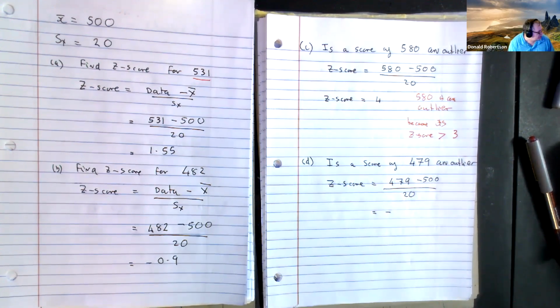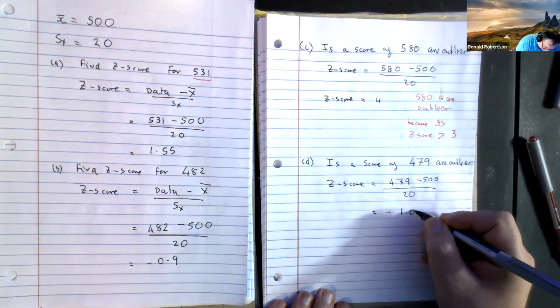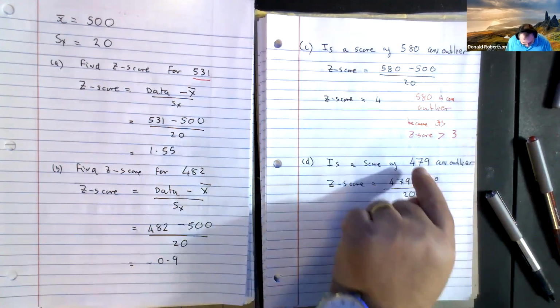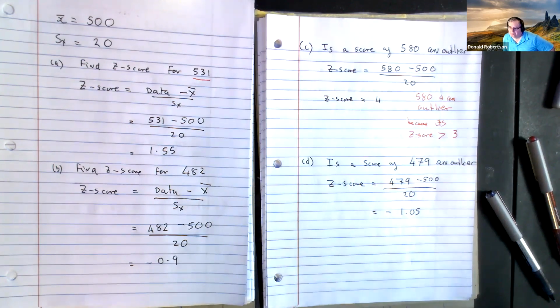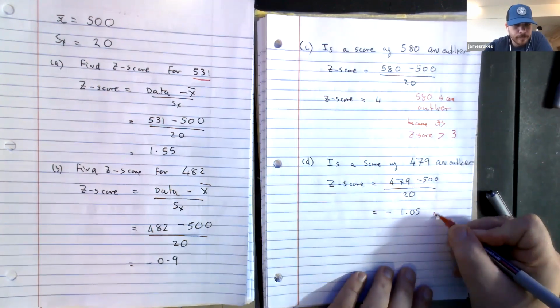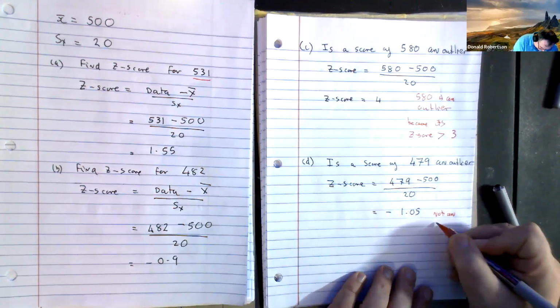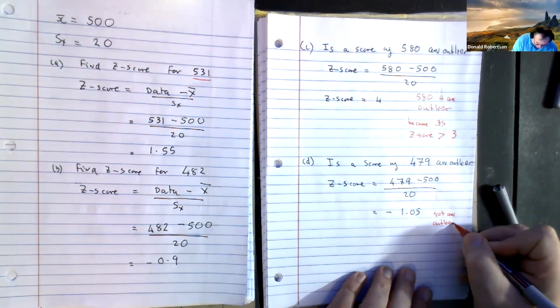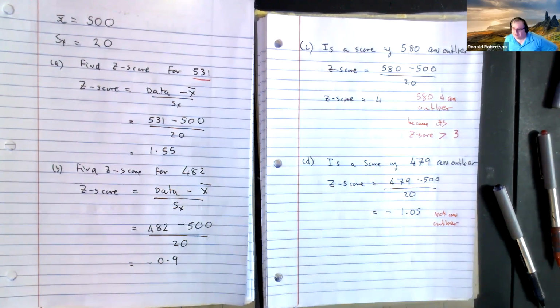I'll tell you in a minute what it is. 479, take away 500, and divide by 20, and it's negative 1.05. Okay, is 479 an outlier now? No. And we can say it's not an outlier. And couldn't I write a sentence because its z-score is not less than negative 3, right?